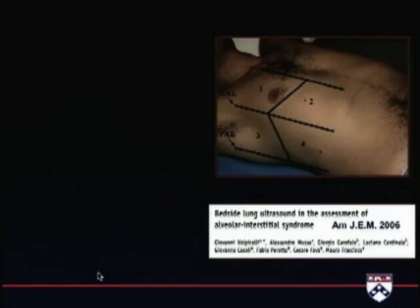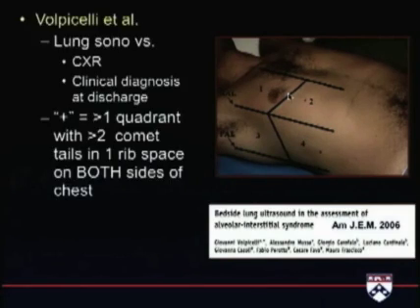Now, Dr. Volpicelli is responsible for this system, which has been fairly widely adopted, of dividing each hemithorax into 4 regions as shown here. The nipple line is the approximate dividing line between the upper and lower.